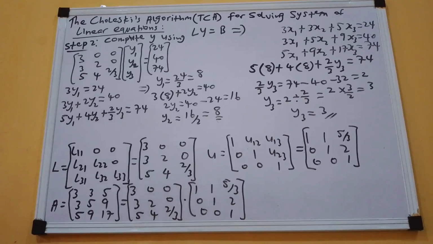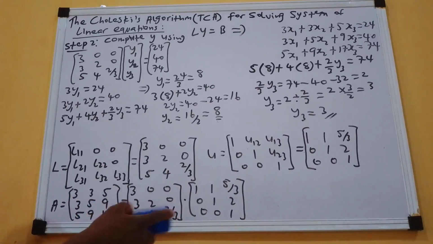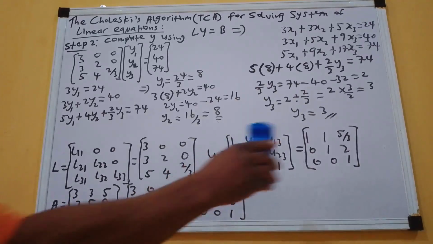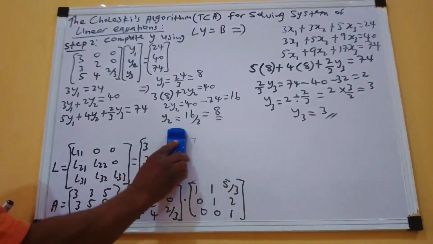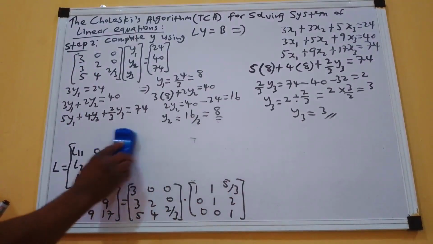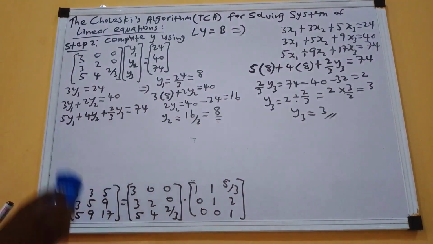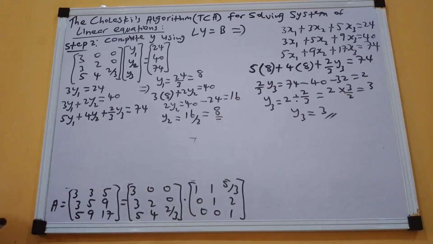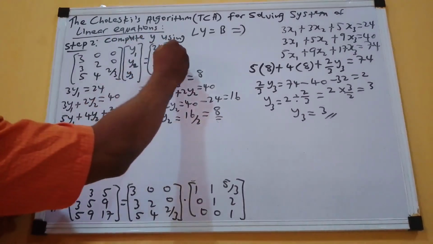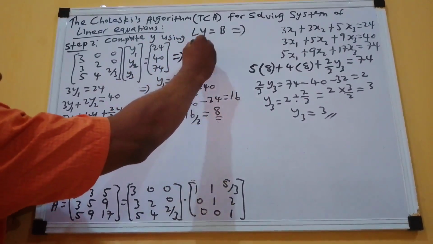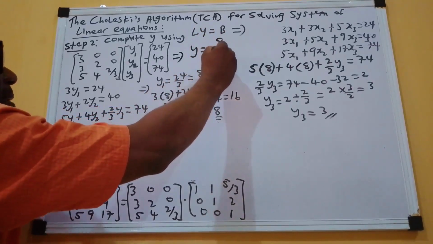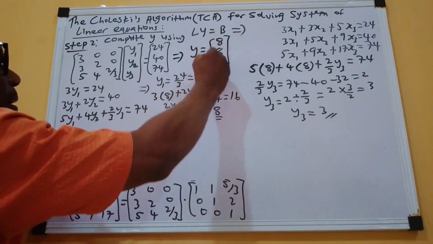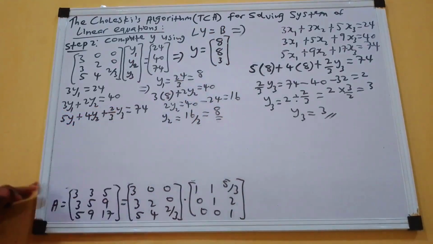Now, permit me to clean this part. We know our U, we know our L. Permit me to clean this very part so that we can go ahead and get. So from here, it simply means that, let me write it out here, our Y will be equal to 8, 8, 3, which is Y1, Y2, and Y3.